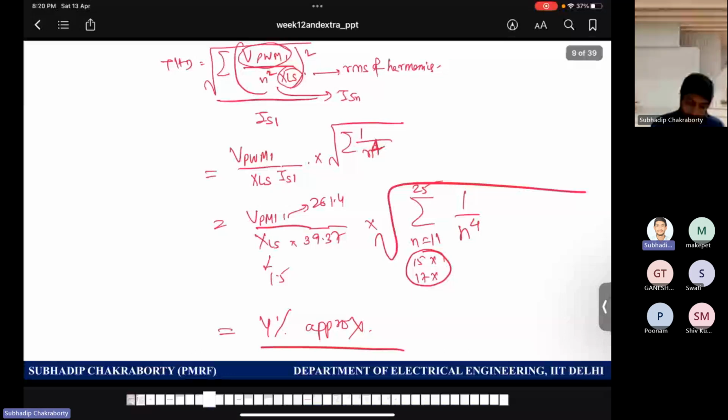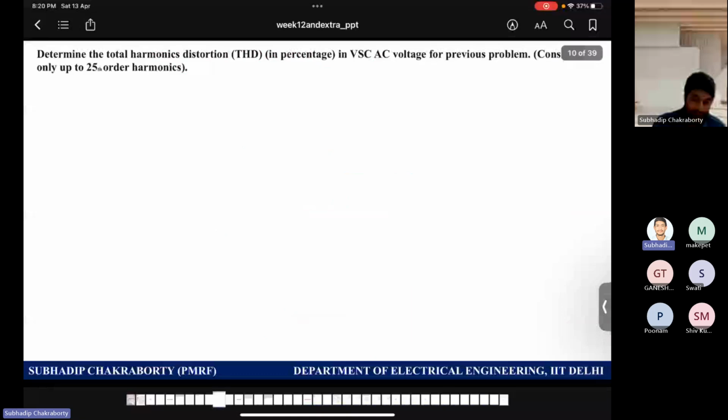So for the PWM voltage, they are also asking the THD, right? In the voltage, in the current. So I told you already that VPWM N is nothing but VPWM 1 divided by N. Slides are moving. Yes, sir. Writing is visible, my writing. Yes, sir, but it is lagging.